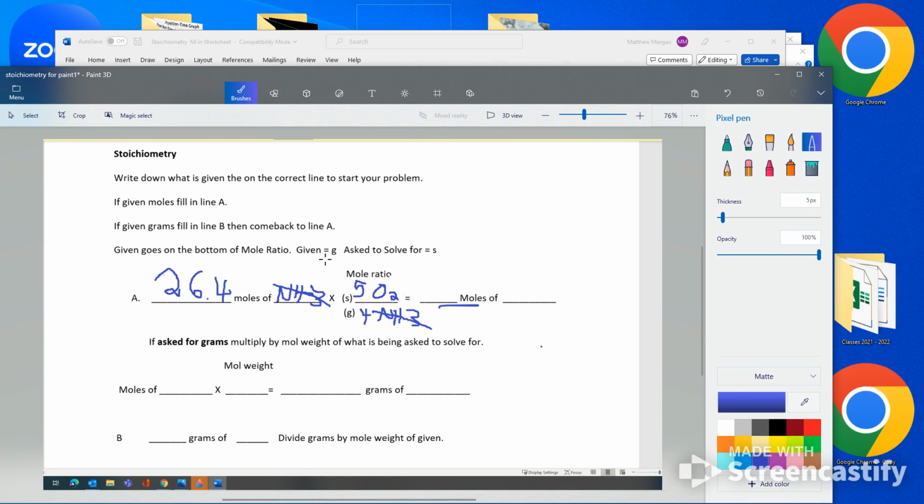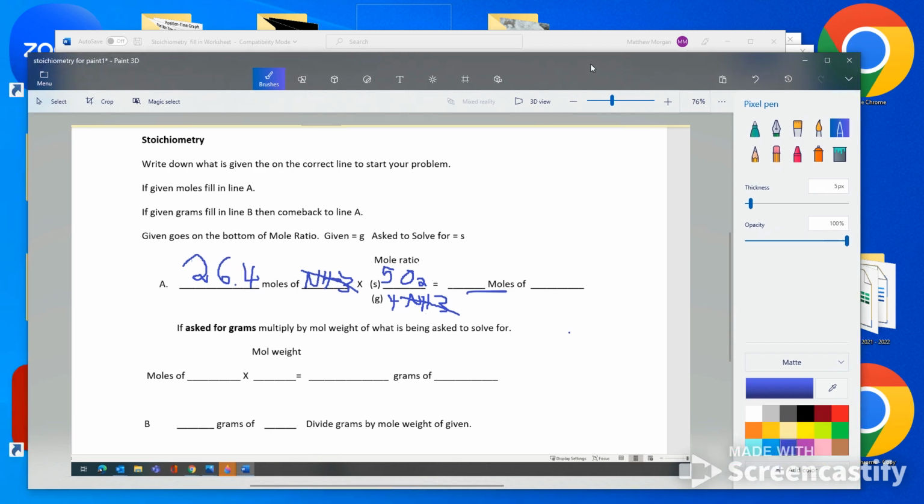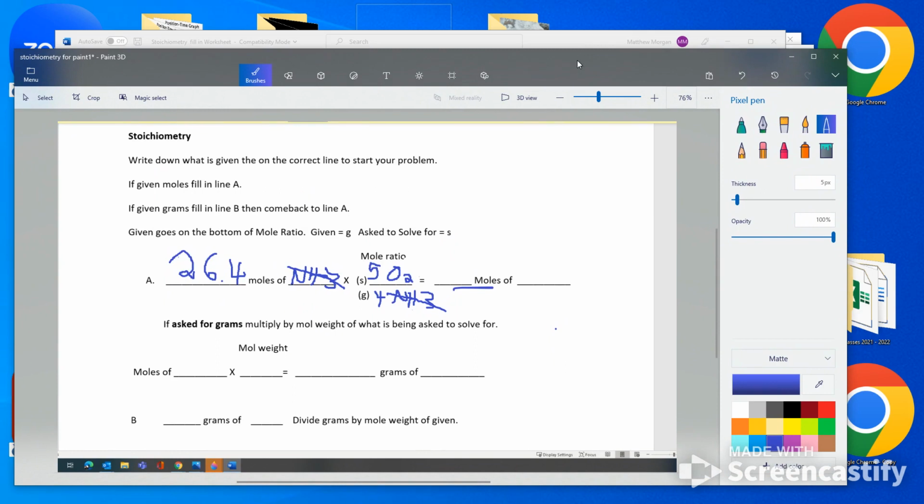Then now, since you're going to moles, it is simply a multiplication. 26.4 times 5 divided by 4. That's it. When we're looking at this, it's a simple thing. 26.4 times 5 divided by 4.